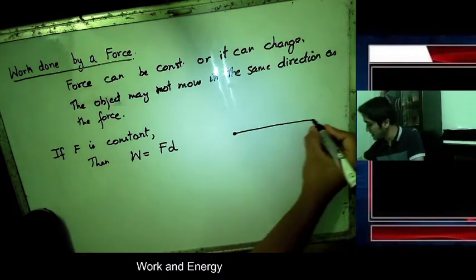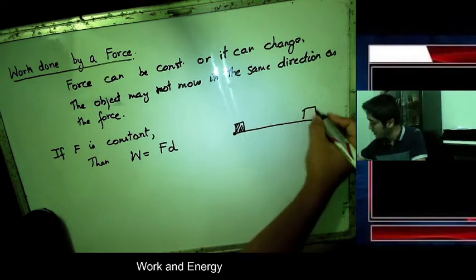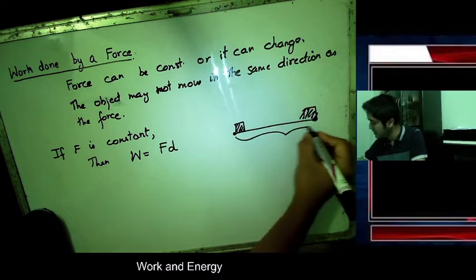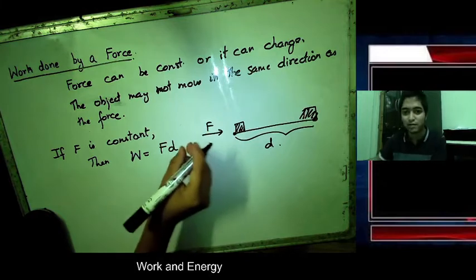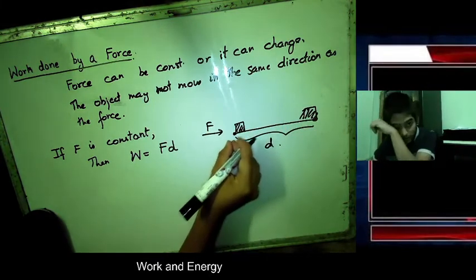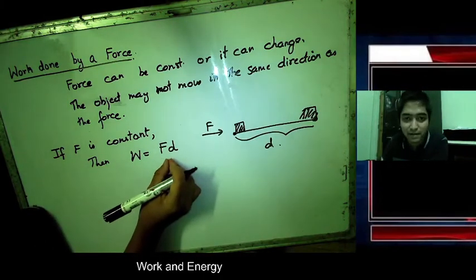Over here you are moving an object from here to here, and this distance is d. You are applying the same force throughout, and the object is moving along the direction of the force, so we define it as Fd.